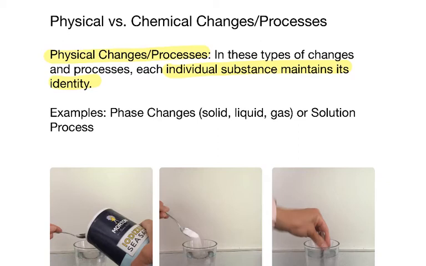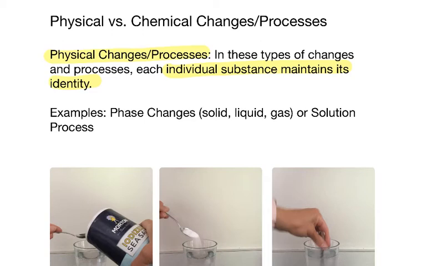So, a physical change is basically a change that a substance experiences, but it still stays the same substance, okay? That's really the main defining feature of a physical change, is that the substance undergoing the change maintains its identity through that entire change.